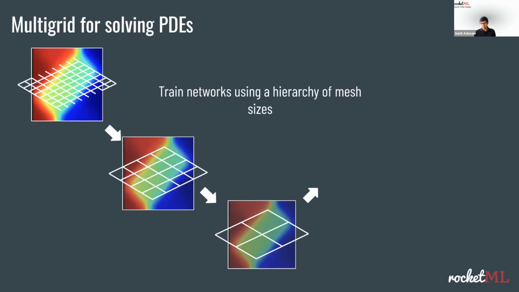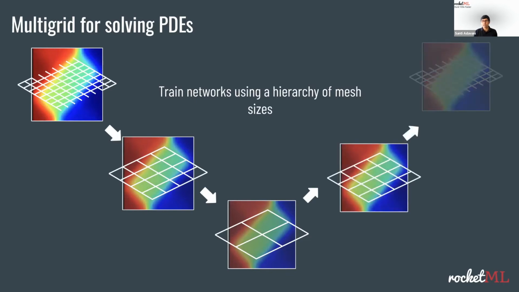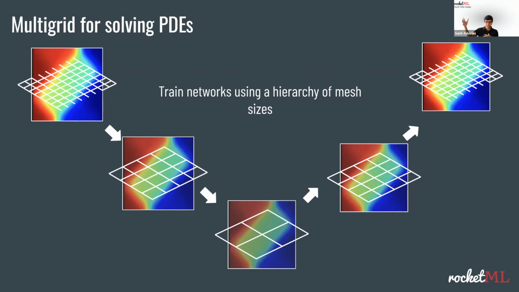In the traditional way of using multigrid, you solve the PDE using low resolution data, and use that solution to solve a higher resolution problem, right? So you basically go hierarchically to solve problems at different scales.